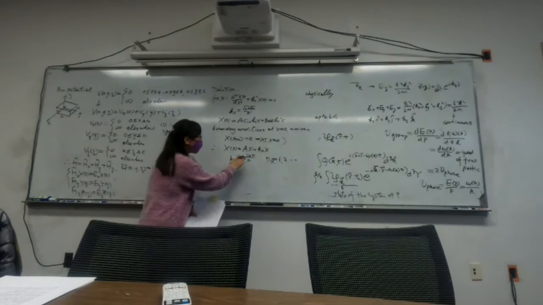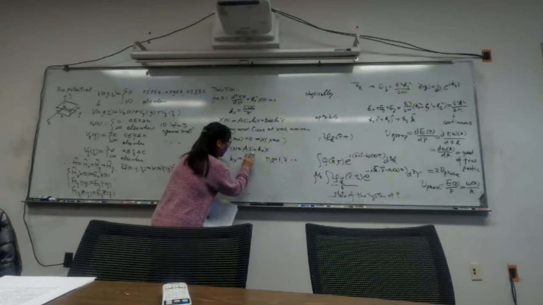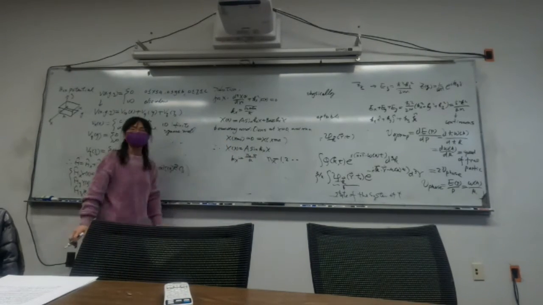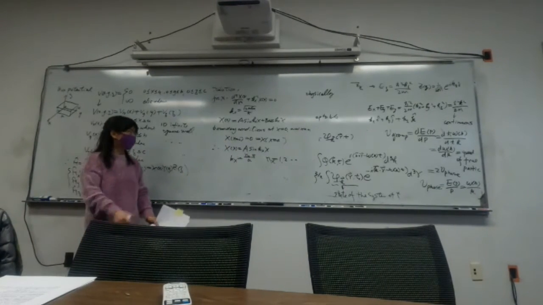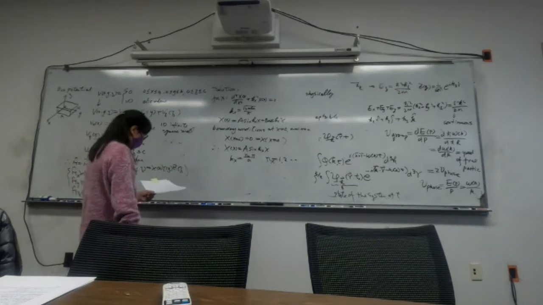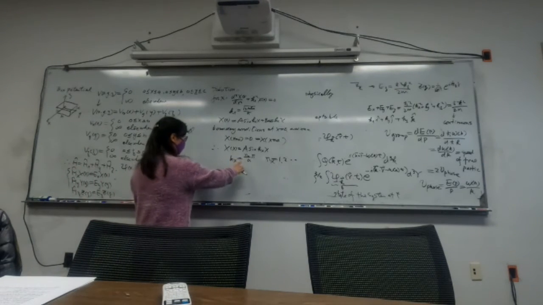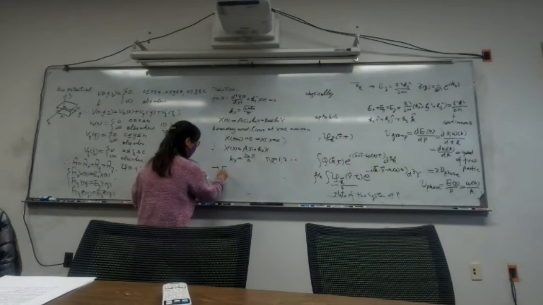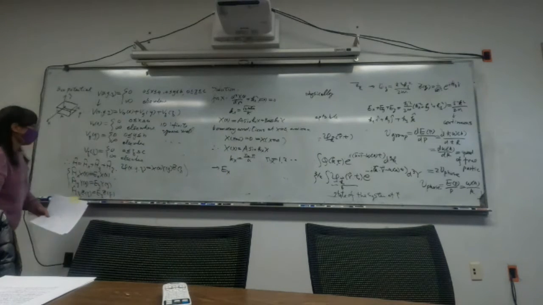That is the 1D infinite square well we discussed with this boundary condition, right? Then we have immediately got X, right?